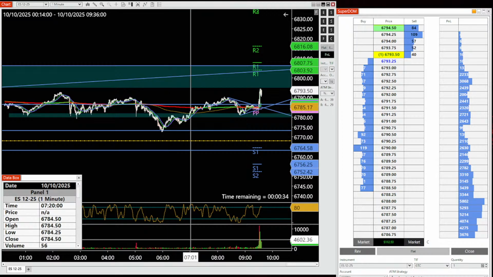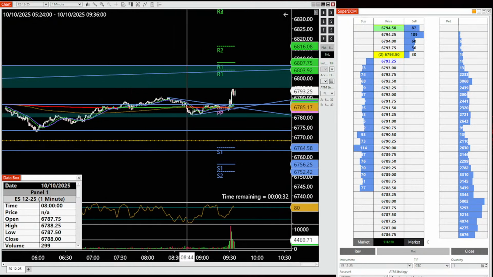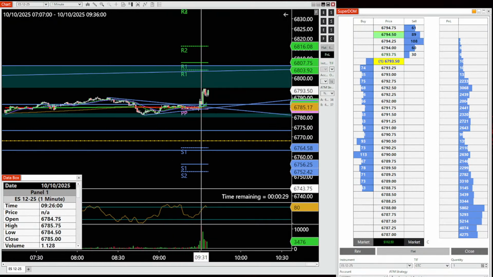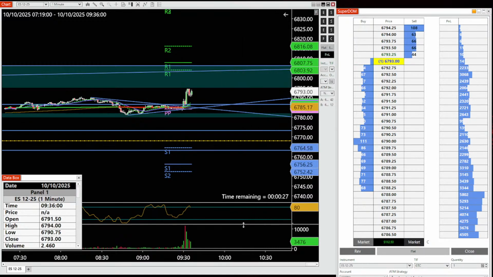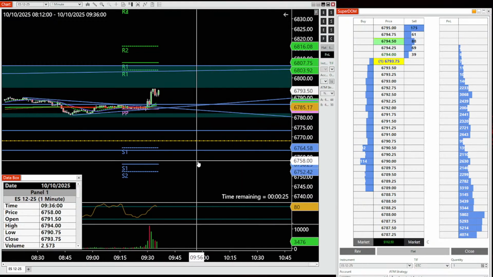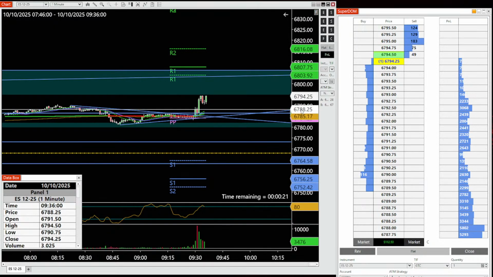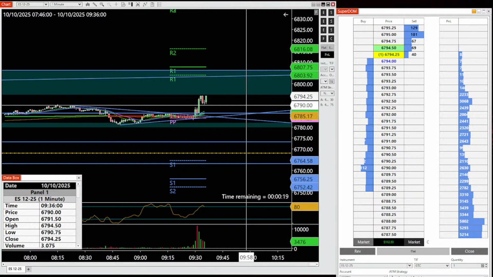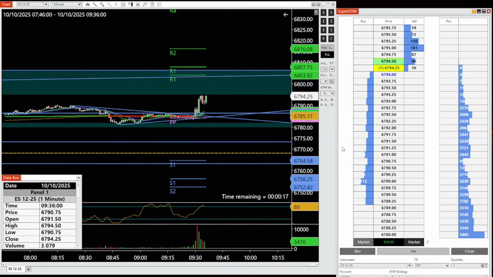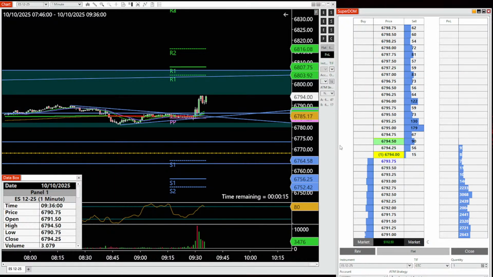So I just wanted to get a little short off the previous high, but it looked like it may have some momentum. Got some orders trying to hold it down.